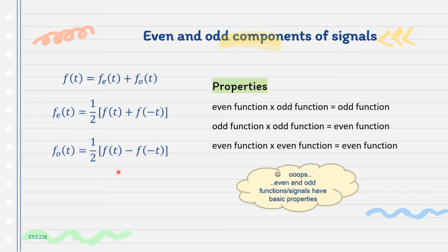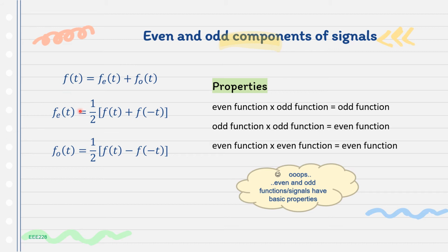On the other hand, if you take f(t), subtract f(-t), and divide by 2, that is the odd component. You can check: if you add the even component and the odd component, you get f(t), right?